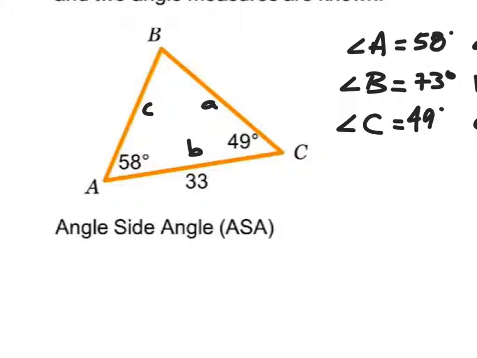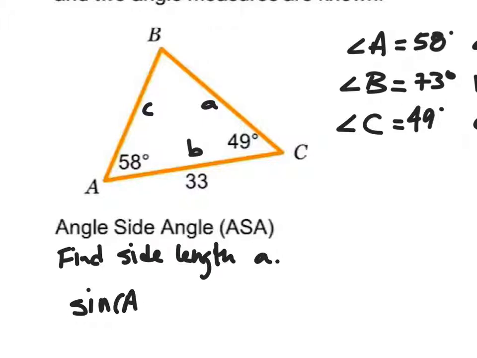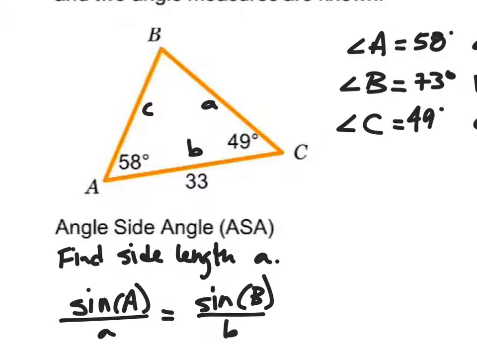Let's find side length A. I'm going to use sine of A over A is equal to sine of B over little b.